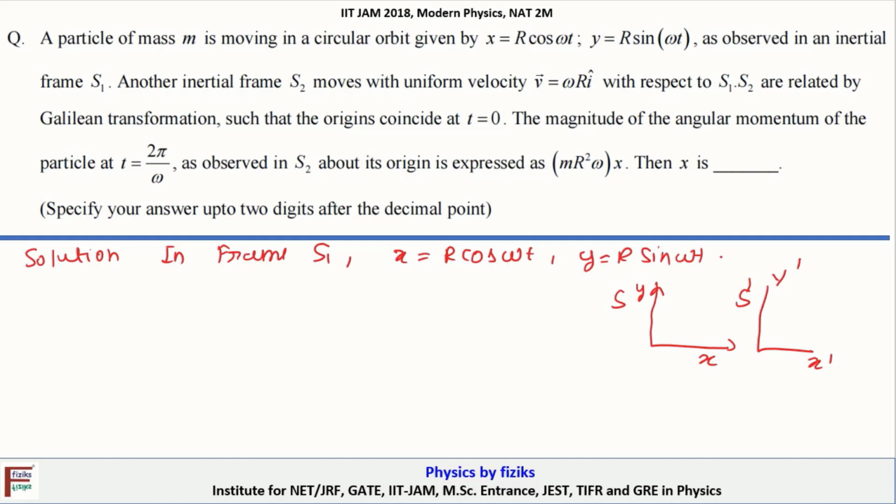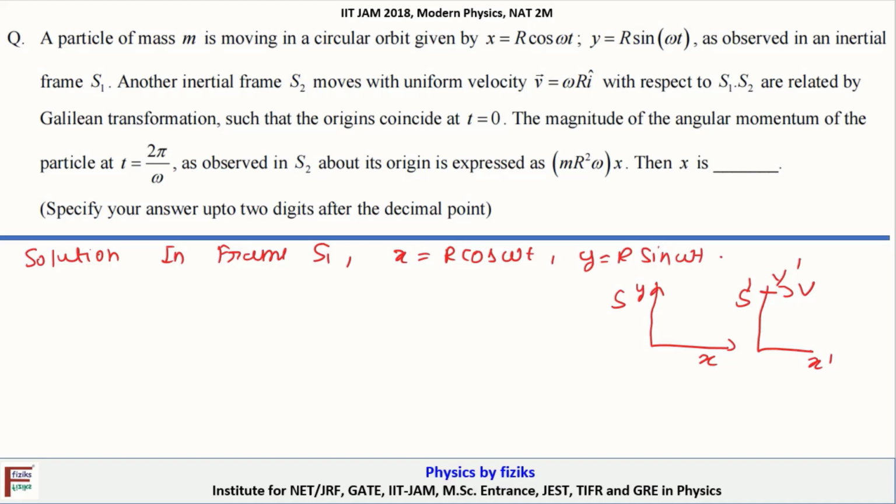It is moving with velocity v. Now S1 and S2 are related by Galilean transformations such that the origins coincide. The magnitude of angular momentum of the particle at t equals 2π/ω as observed in S2 about the origin is expressed as.